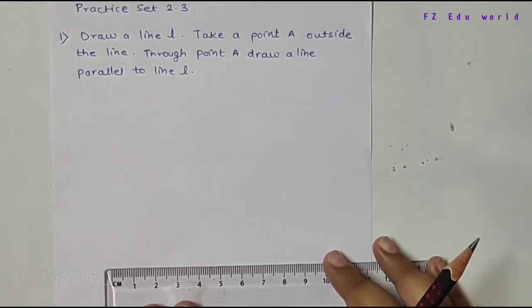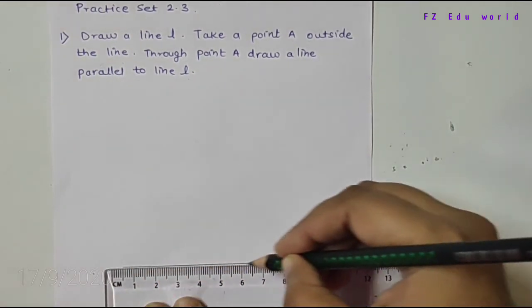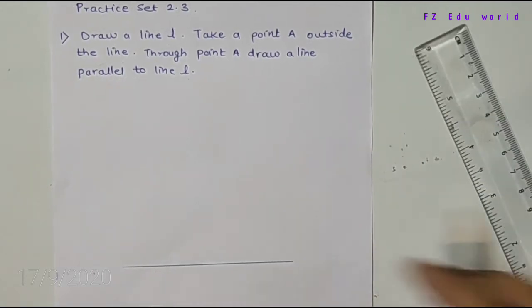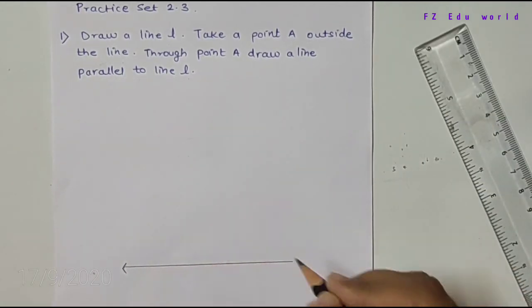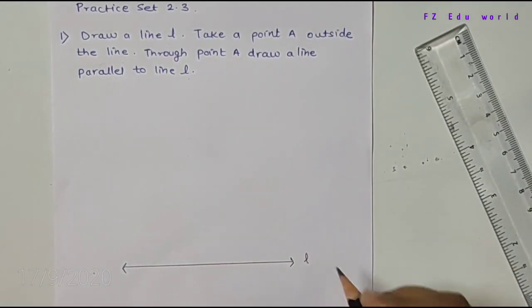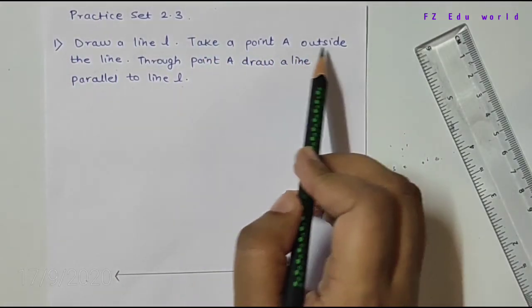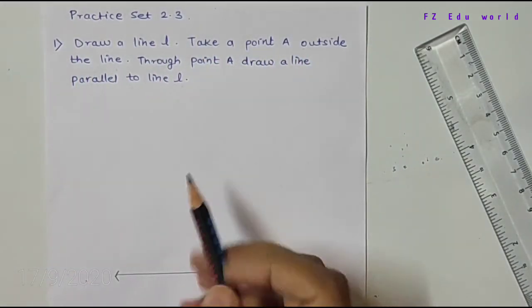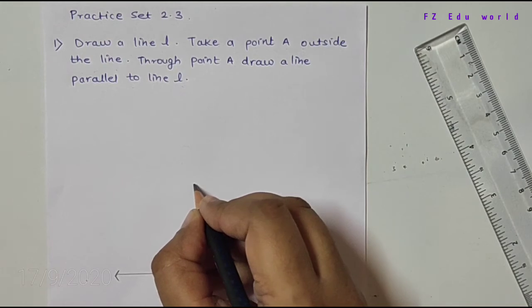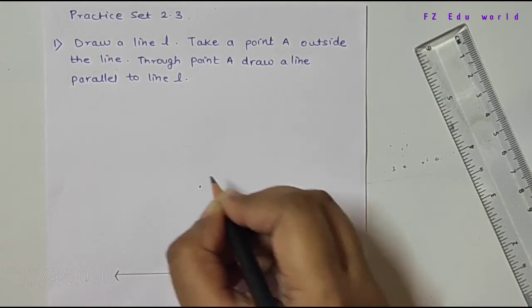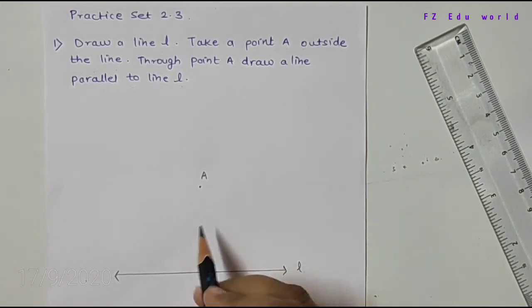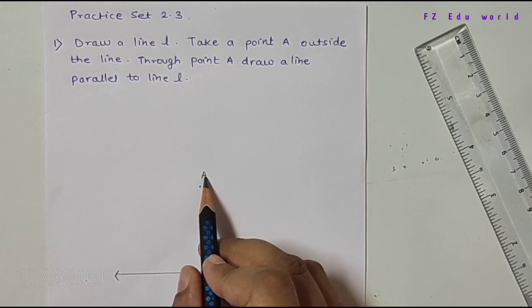Measurement is not given, so you will draw line L of any measurement. This is our line L. Now it is said to take a point A outside the line L. Take any point. I am taking here point A.